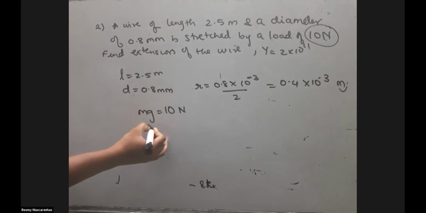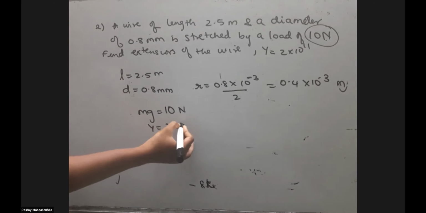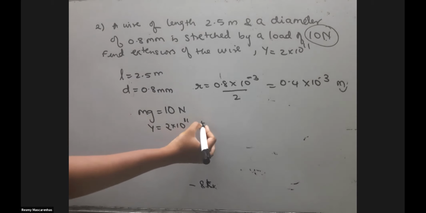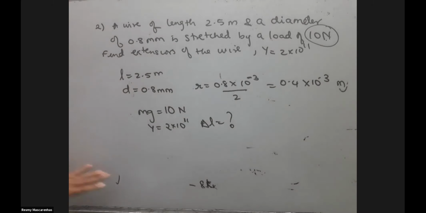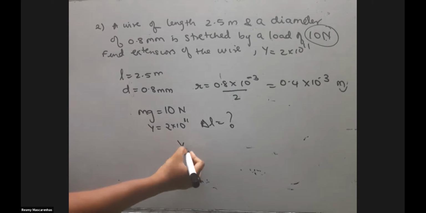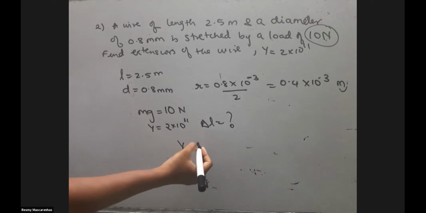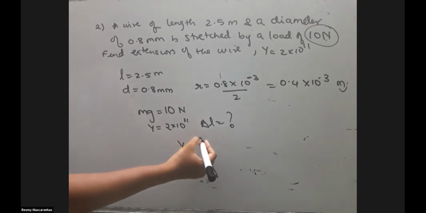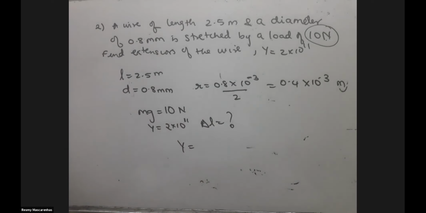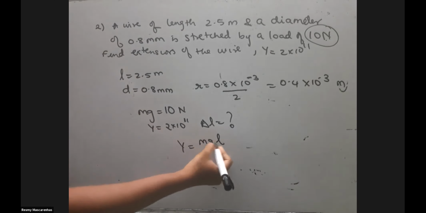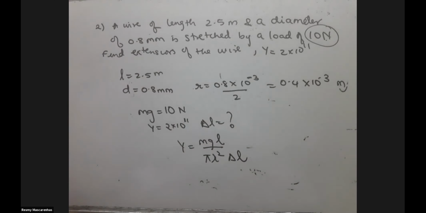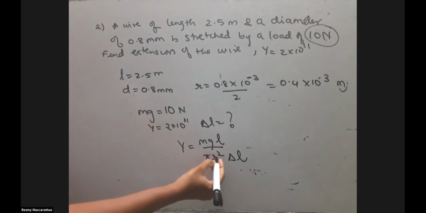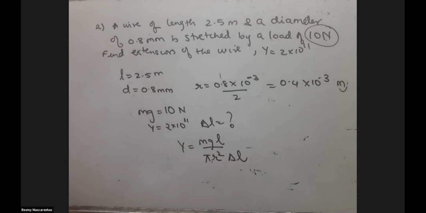Y is already given. And what is the delta L extension asked? Now we cannot use that area directly formula. We'll have to use pi r square. Pi r square is there, no? So this will be mgl upon pi r square delta. Now we'll have to substitute r. Pi can take 3.14 or 22/7.